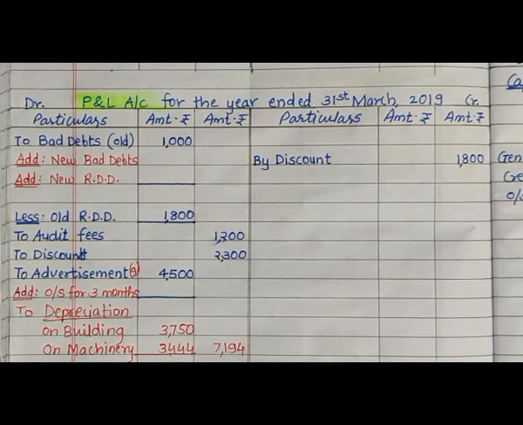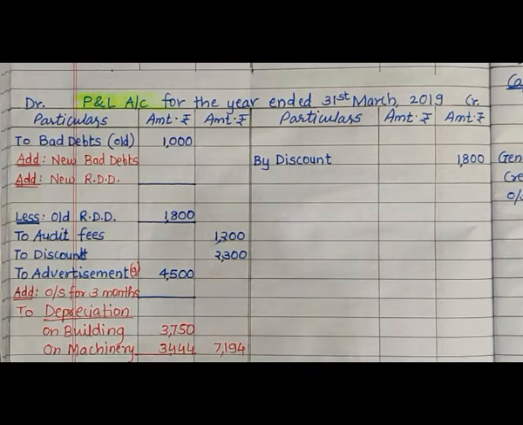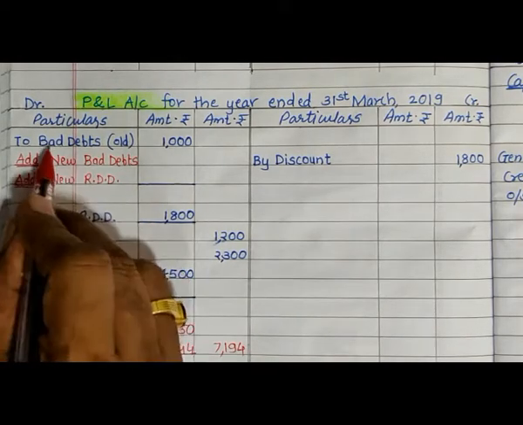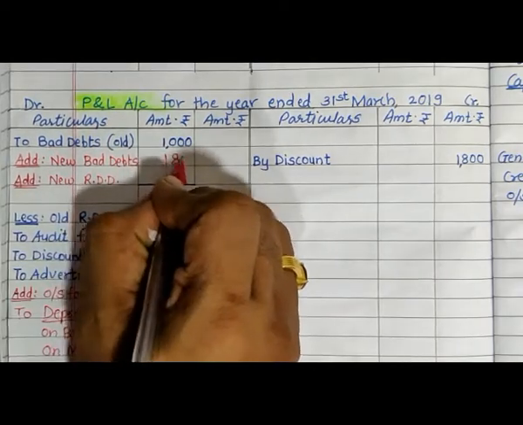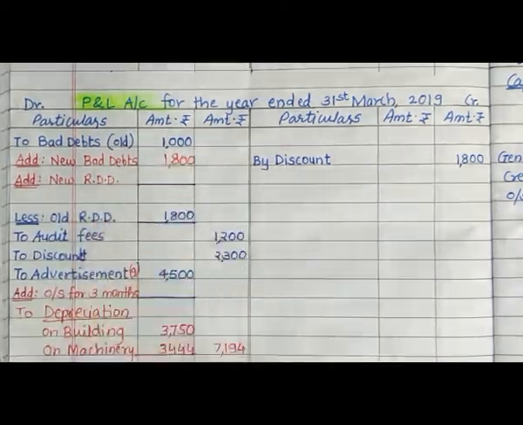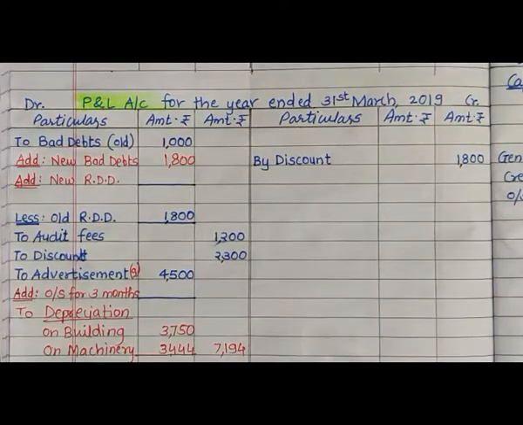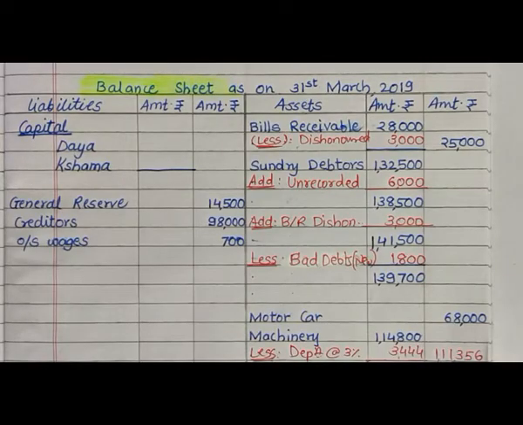As discussed in the earlier sessions, we will not show new bad debts separately. Instead of that, we will add new bad debts to the existing bad debts, rupees 1,800. In the adjustment, new RDD is given at the rate of 5%.